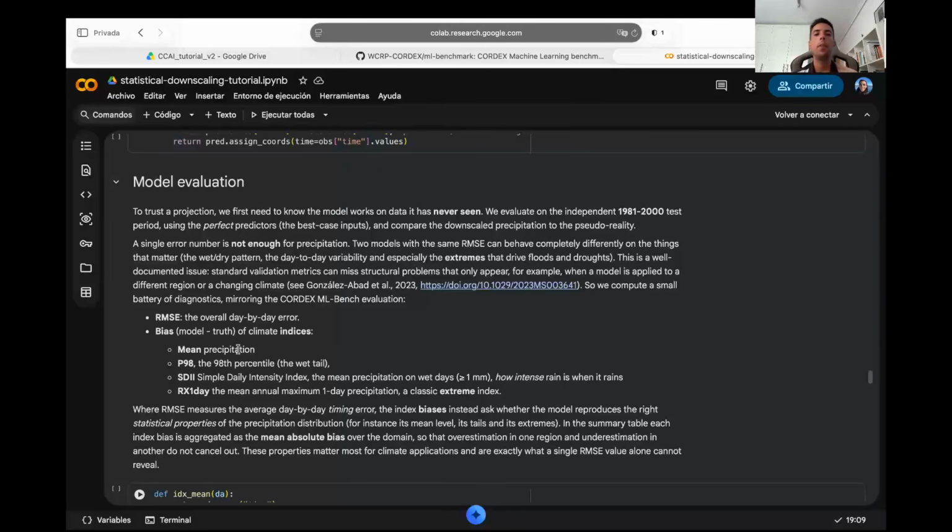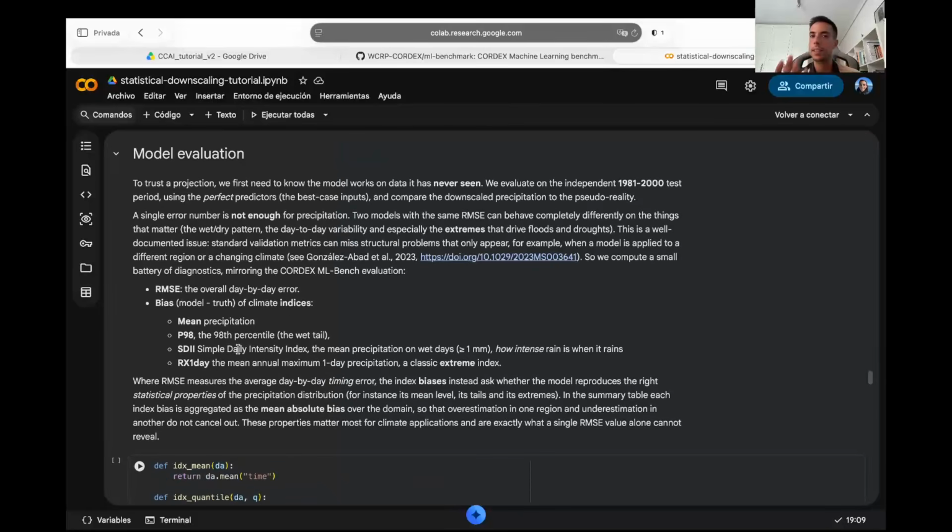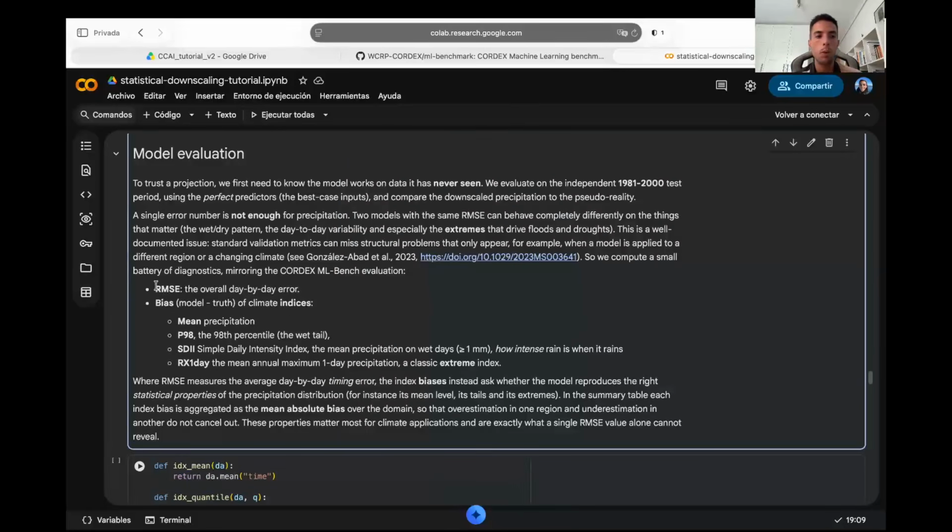So the model will be applied in operational settings to quite challenging scenarios. That's why evaluation is quite important for downscaling. As an example, in this case, we will use root mean square error to get the overall day-by-day error. But I also wanted to show you other kinds of metrics or diagnostics that we use to evaluate this kind of models, in this case precipitation.